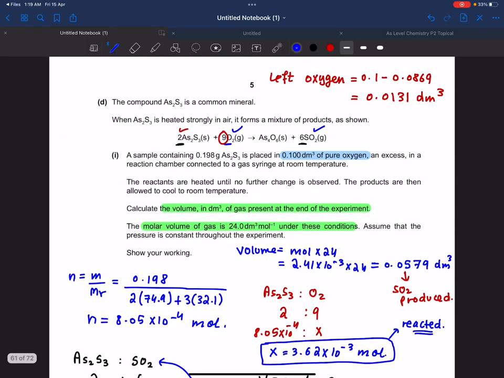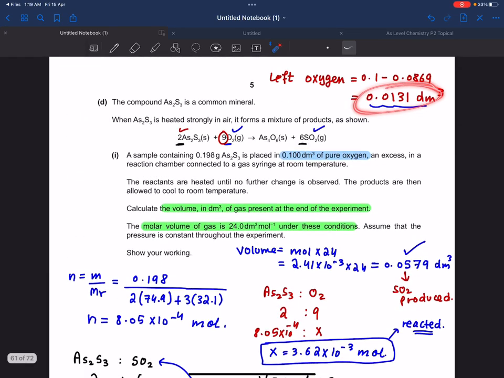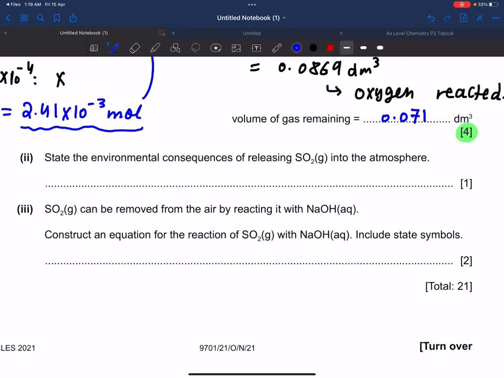So total volume will be the sum of this and this. So you add the total volume of gases at the end of the reaction, and your answer comes out to be 0.071 dm cube. What I've done here is add this volume of SO2 produced to this volume of oxygen remaining.